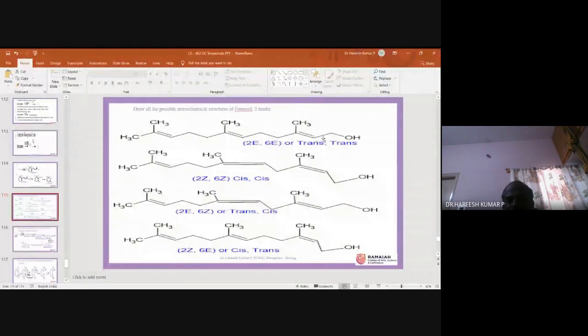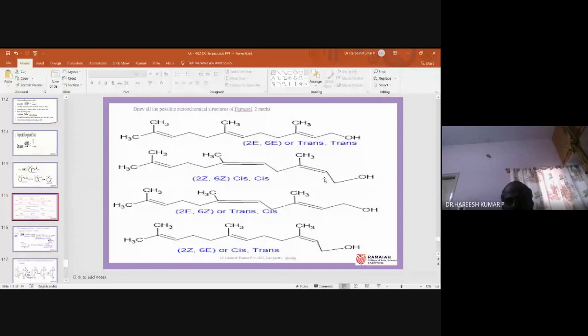For this double bond, this group is the priority group, and this is the priority group. Both the priority groups are on the opposite side, so it is trans, and trans is represented as E. Similarly, for this double bond, both the priorities are on the opposite side, so it is E. So this is the EE farnesol, otherwise we can say trans farnesol.